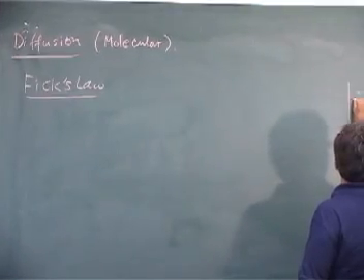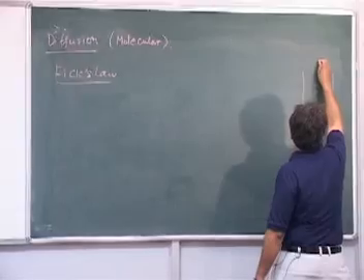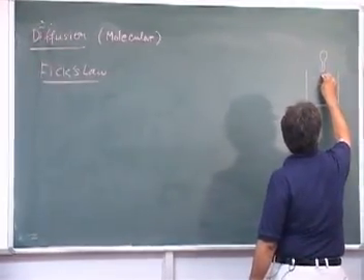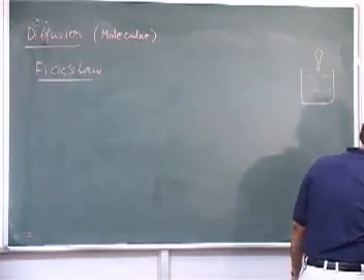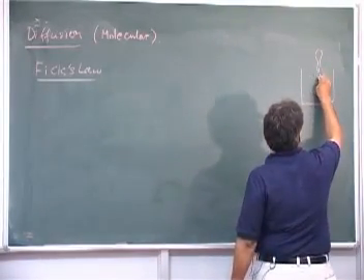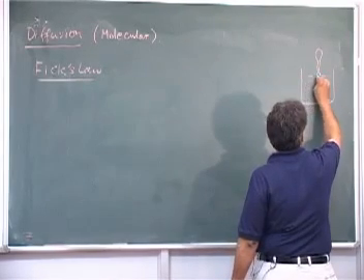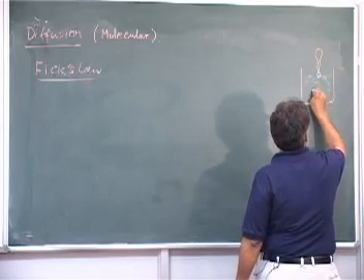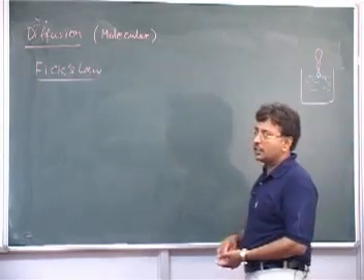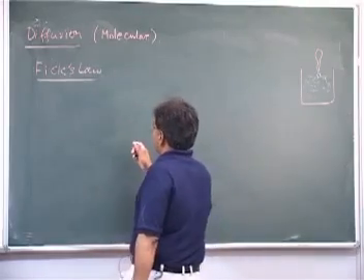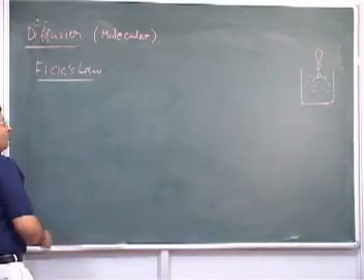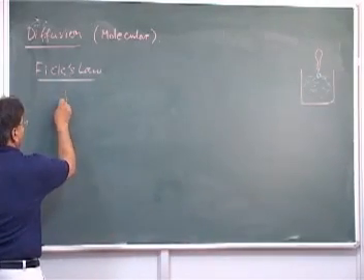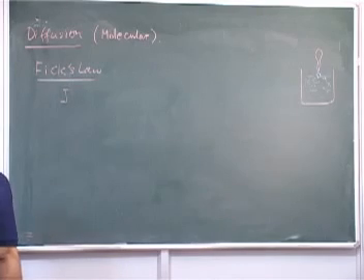You have water filled here, and you have a dropper and you drop ink, let's say. After some time you see the ink is getting diffused. In this case Fick's law says the diffusion flux is J. What name did we give it?